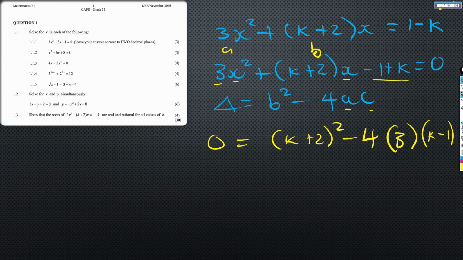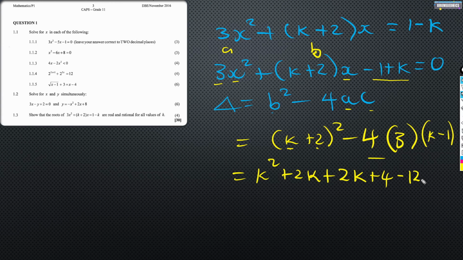And then which is equal to, so when you multiply this by itself, k squared, this times this plus 2k, and then this times k, this times 2 again will be plus 2k, and then 2 times 2 will give us 4, plus 4.